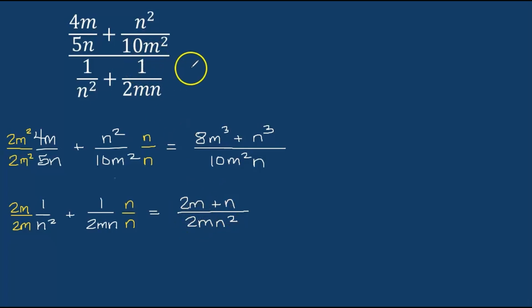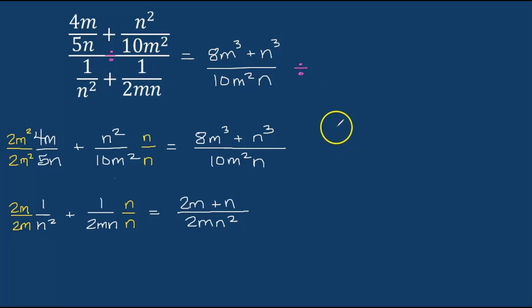Now remember, even though this was a lot of work, this was our numerator from up here. This was our denominator from up here. So we're going to rewrite it now as a division problem. We're going to keep the first fraction. And we're going to divide the second fraction. So remember, we're thinking about this as a giant division symbol.